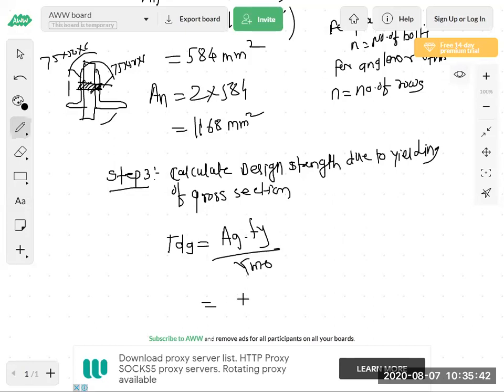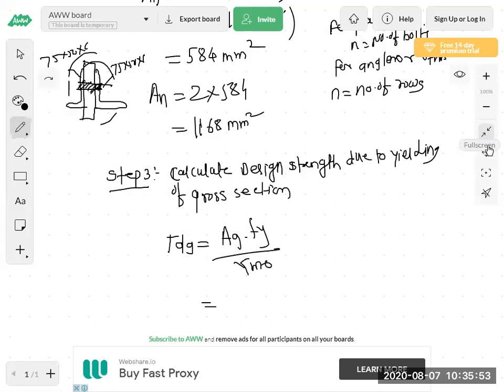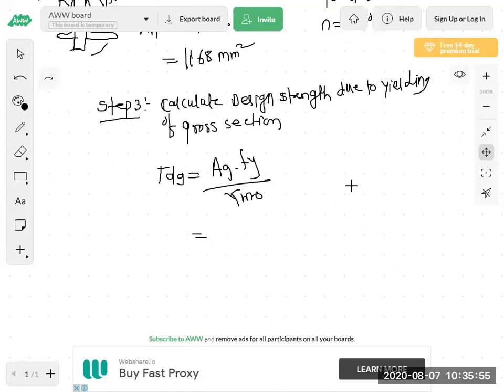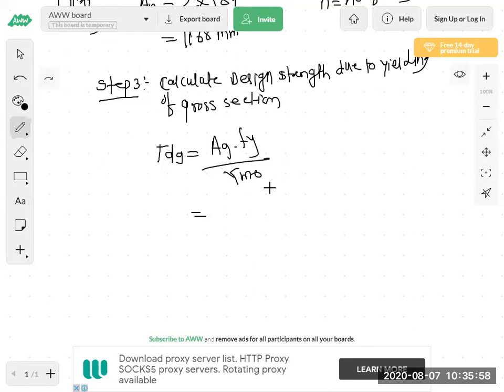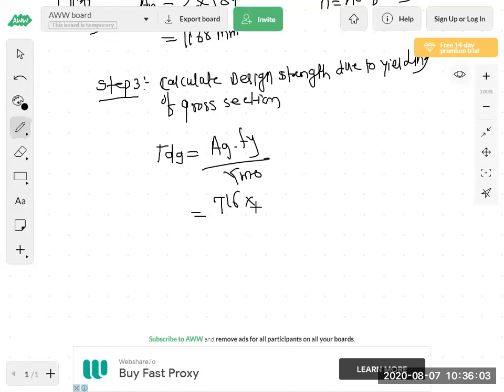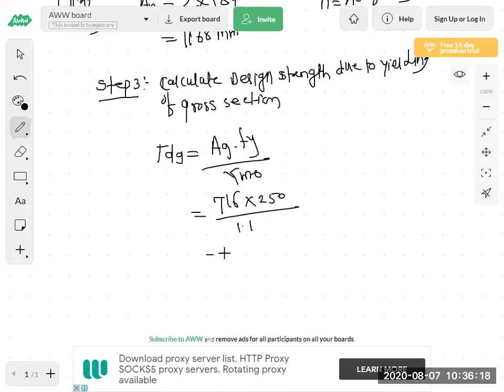Now AG is the gross area of the angle. How much have we calculated? 716 into Fy, which is 250, divided by gamma m naught, which is 1.1.